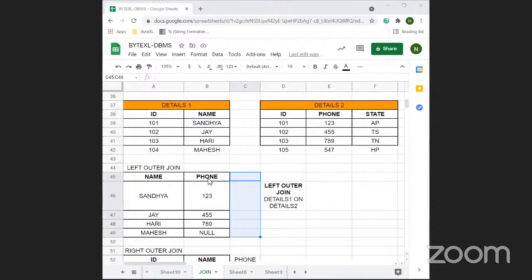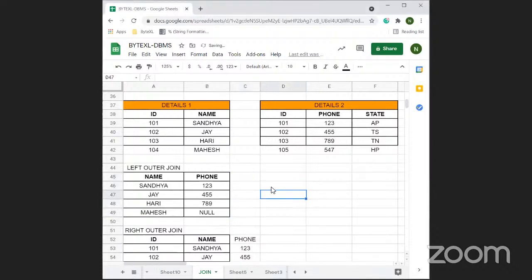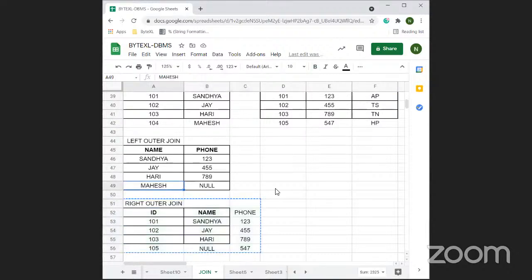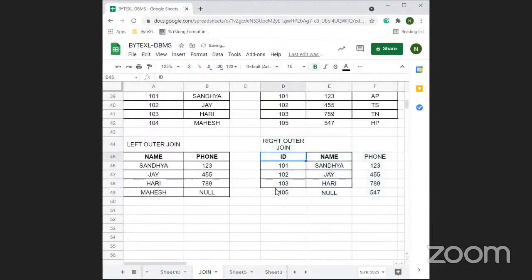Again, for the same table, if we take for the same table, right outer join as well. So the name would be 105 and some name we have given.